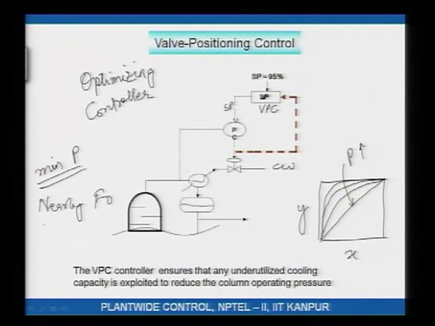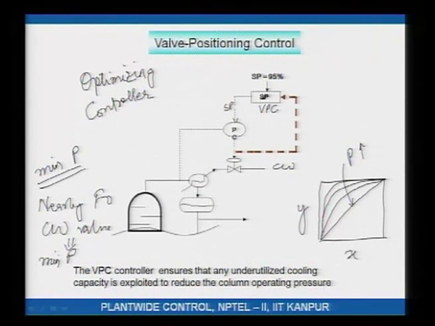I hope this is clear. What I am saying is, I would like to operate the column at nearly fully open cooling water valve, because this is what implies that I am operating the column at as low a pressure as possible.